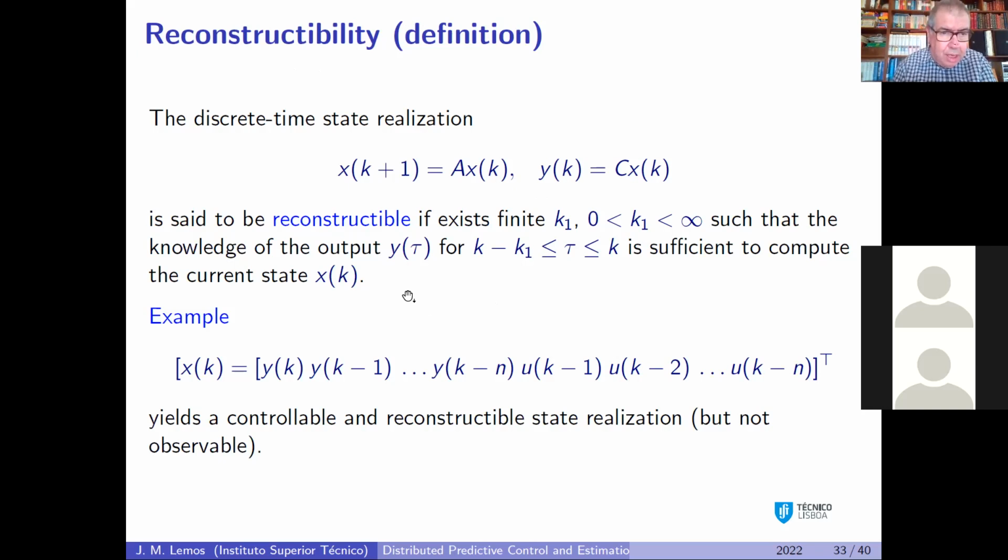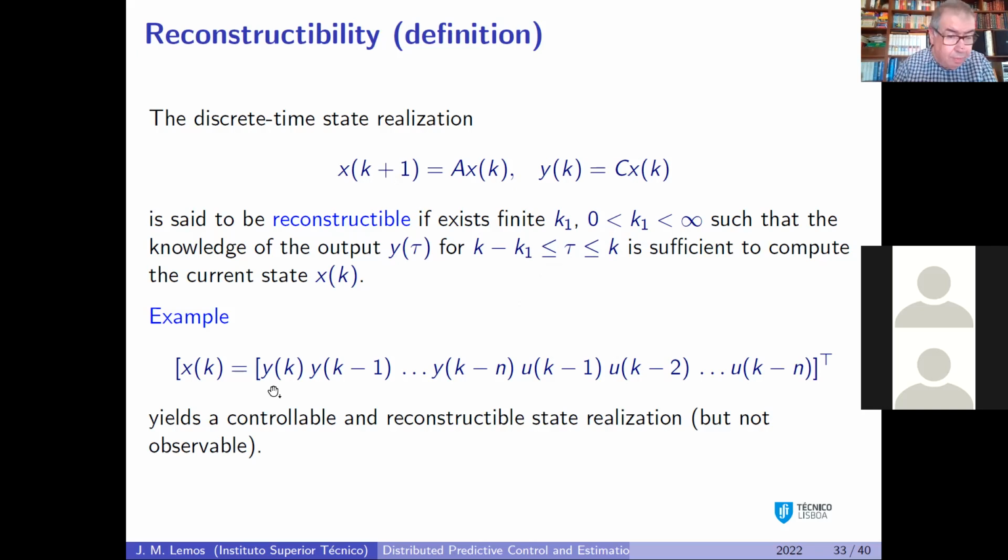If there is a window of time, you are at time k, and if there is a window of length k1 or k1 minus 1, such that you observe the y's in k minus k1 to k, and you are able to find out what is the last state, then you say that this system is reconstructible. This state realization is reconstructible.